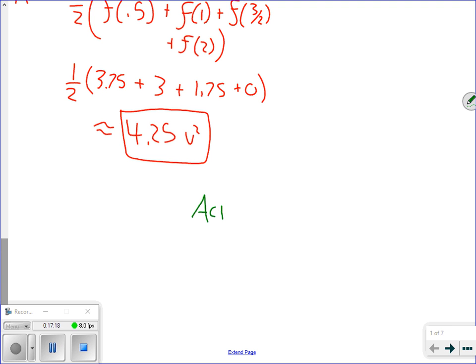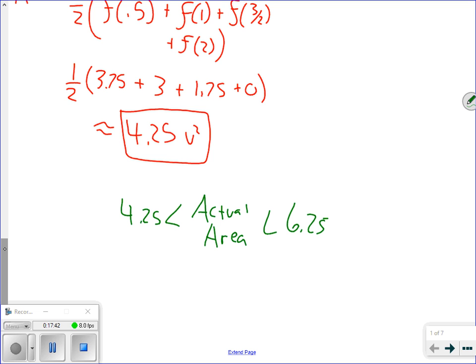I know that the actual area is somewhere between those. It's going to be greater than 4.25 and less than 6.25. So all we have is an approximation, all we have is a bounds. We're going to learn later on down the road with integrals how to find the exact area underneath the curve.